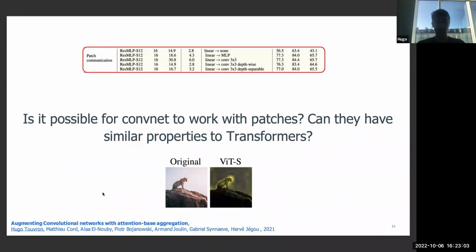The idea here is to try to answer the question: is it possible for a convnet to work with patches? Can they have similar properties to transformers? Because one very interesting property of transformers is the attention map, because thanks to the attention map, you can see how the network aggregates the information to produce the prediction and what are the more important parts in the images.